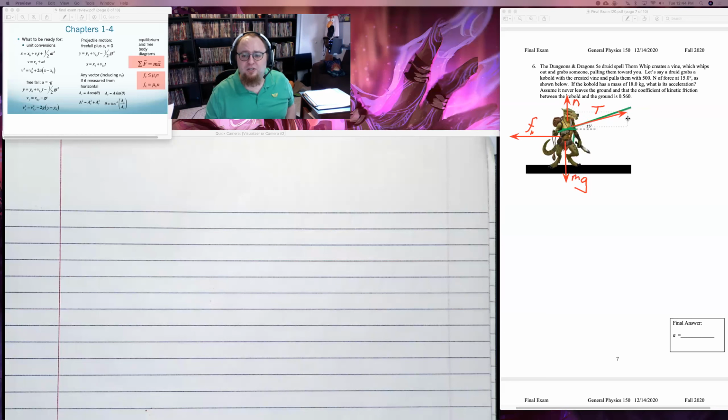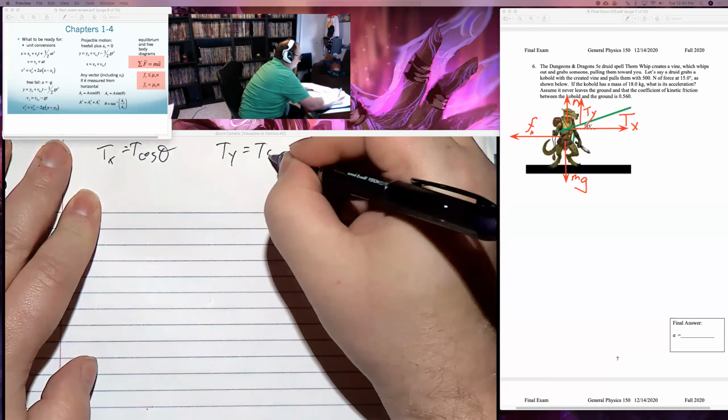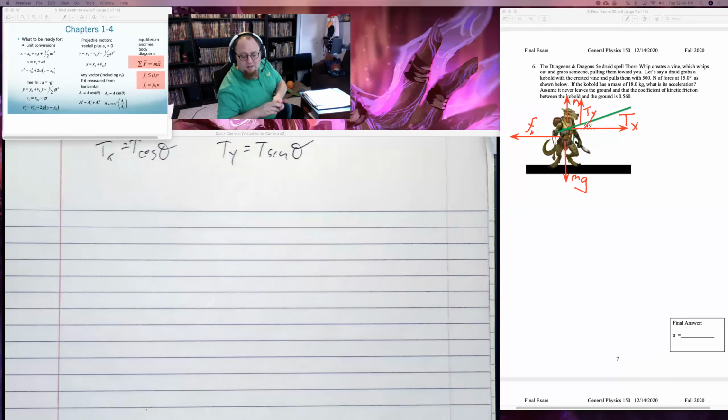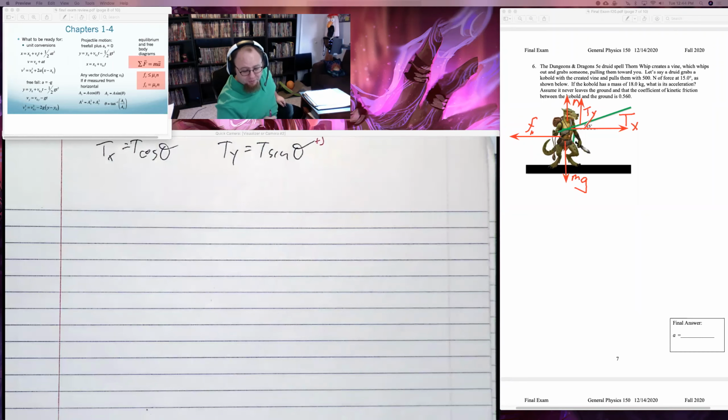I'm going to take this T and turn it into 2 forces, one straight along X and another straight along Y, which I'll call Tx and Ty respectively, where Tx is T cosine theta and Ty is T sine theta. This was 2 points for each one. And for the record, that free body diagram was 4 points because I gave it for the original T, but I just haven't marked it.